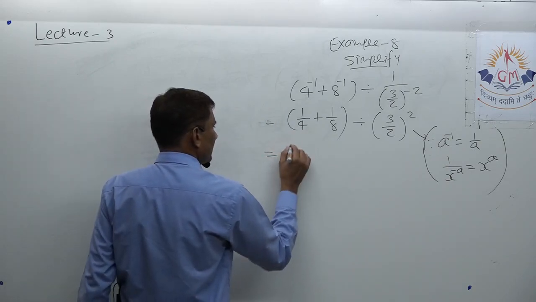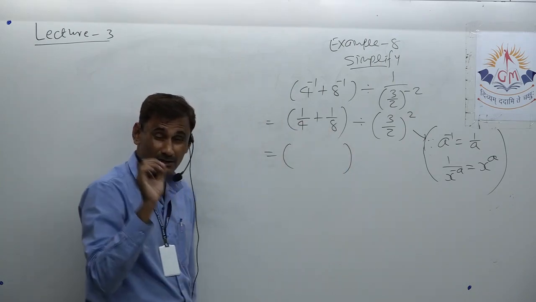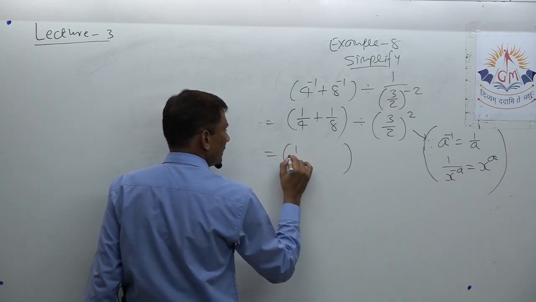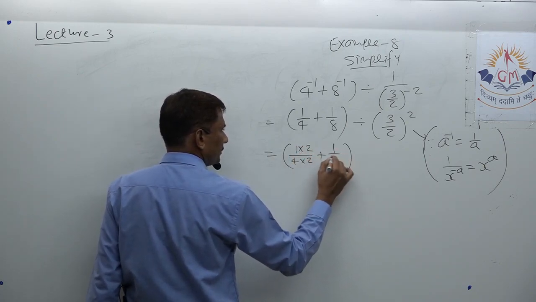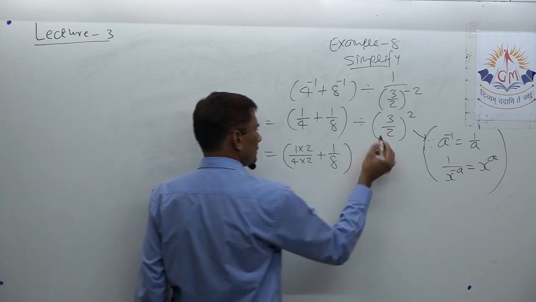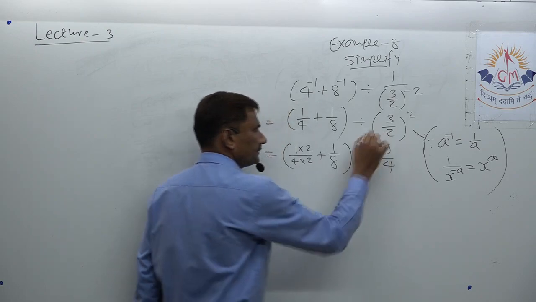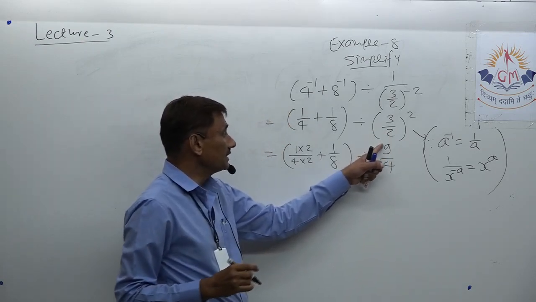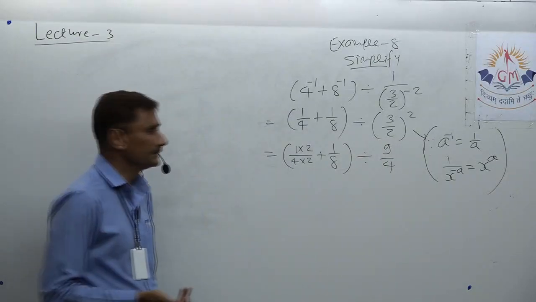Okay, now as I told you, if the bigger one is a multiple of the smaller one, then the bigger one itself is the LCM. So here multiply by 2, here nothing to do. Now let's first of all write here 9 by 4. Okay, I directly wrote it, otherwise you can write 3 square upon 2 square, then in the next step you can write 9 by 4 also.